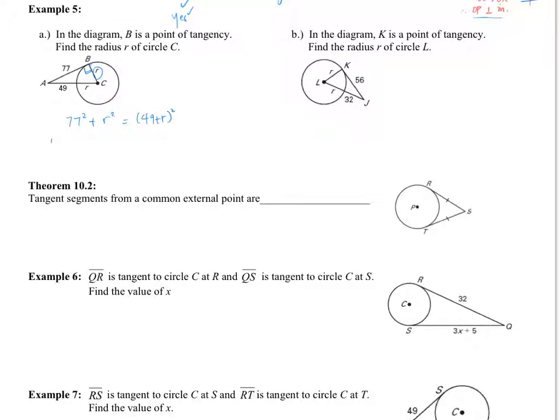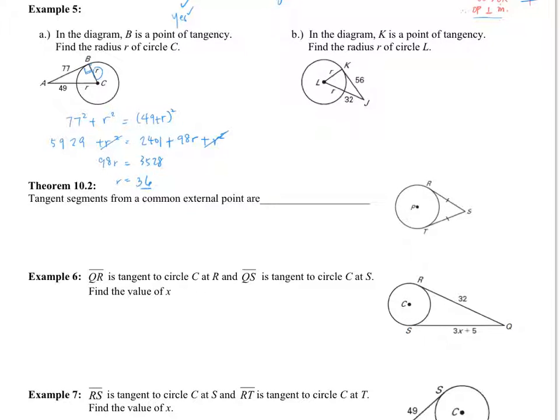So here we have 5929 and 2401 plus 98R plus R squared. Cancel this out. Then we have 98R equaling 3528, and R should be 36.